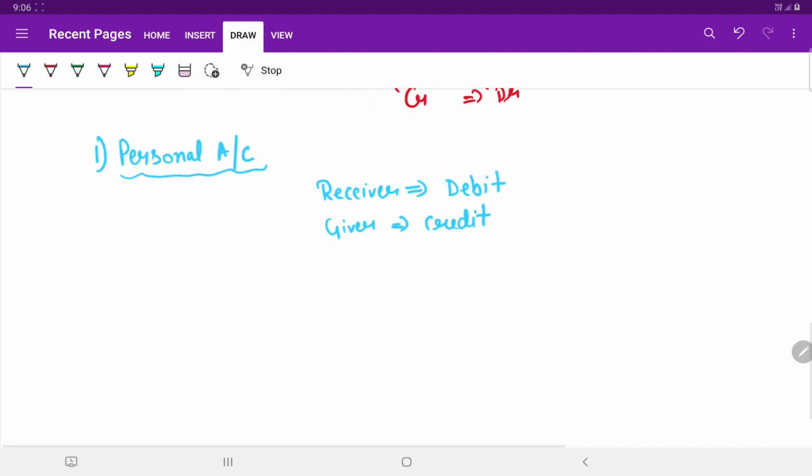For example, we have to pay rupees 500 in cash to a person, say, pay rupees 500 to Ram.